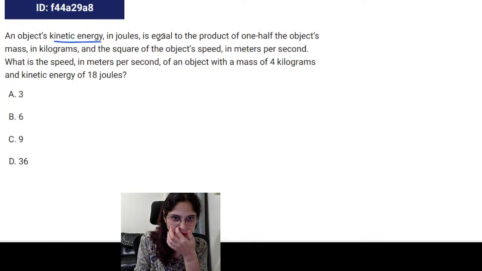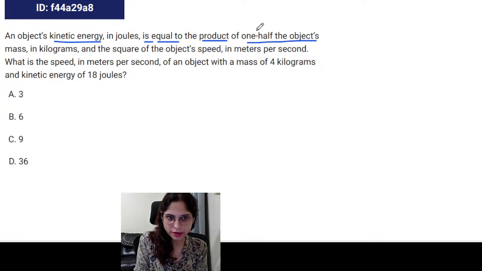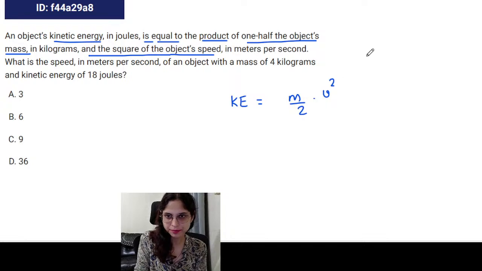The object's kinetic energy is equal to the product, means you're multiplying, 1/2 the object's mass and the square of the object's speed. So kinetic energy is equal to the product of 1/2 of the object's mass, so m over 2 times the square of the object's speed. So speed is v square.